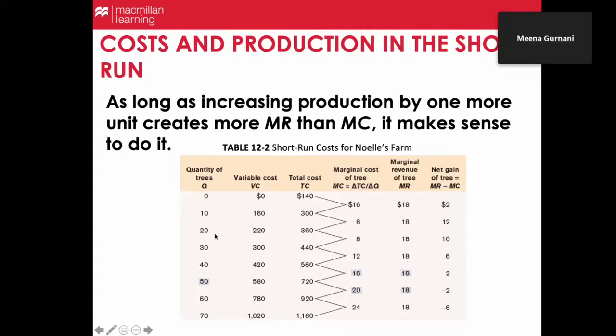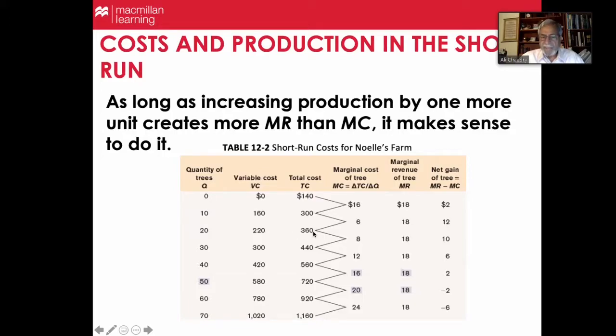Let's say we go to 20 trees. For 20 trees, we are finding that the variable cost is 220. So now we add 220 plus 140, the fixed cost, and we come up with a total cost of 360.